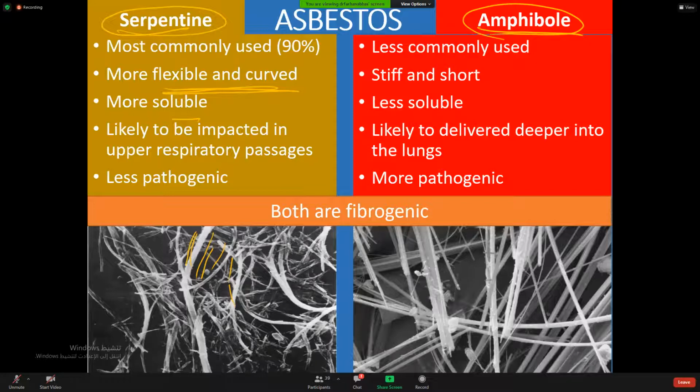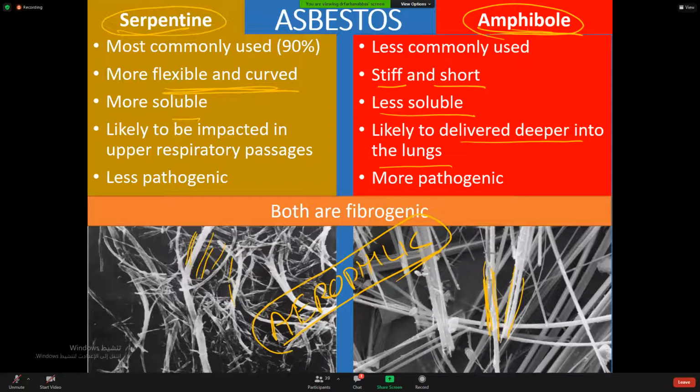However, the amphibole is very much stiff. It is long, less soluble, and it is delivered deeper into the lungs. And you can see over here the straight structure of the amphibole type of asbestos. In simple words, you can use the word aerophilic, which means this variety, the amphibole variety, is more carried away by the air.